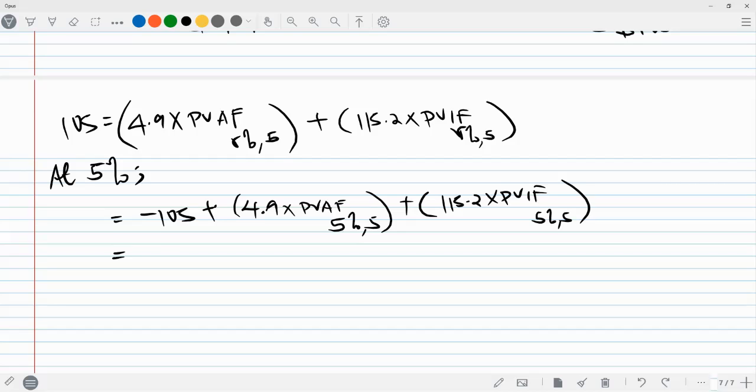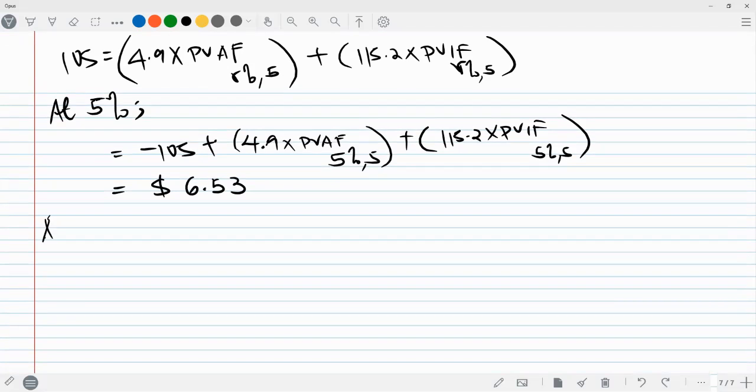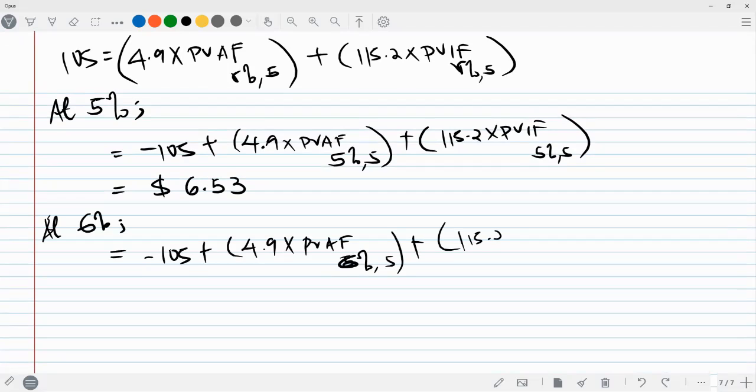$6.53. 0.5? 3. Positive, negative? Positive. Okay, so therefore we can increase our discount rate to, let's say, 6%. Okay, and 6%, the same process. Negative 105 plus 4.9 times present value factor, 6%, 5 years, 115.2 times present value interest factor, 6%, 5 years.